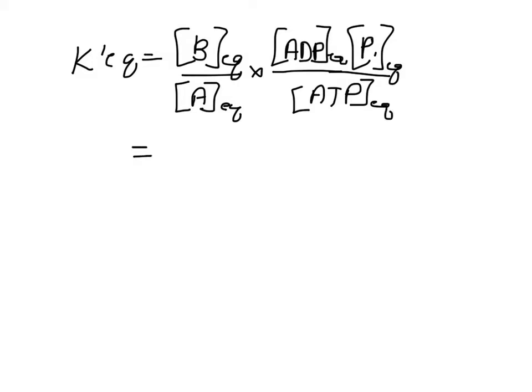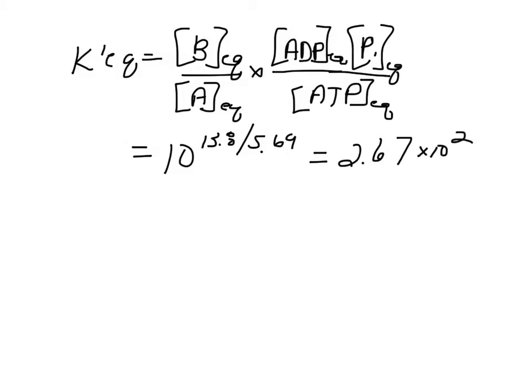If we do this in terms of delta G's, we would find that the new equilibrium constant is 2.67 times 10 to the 2.